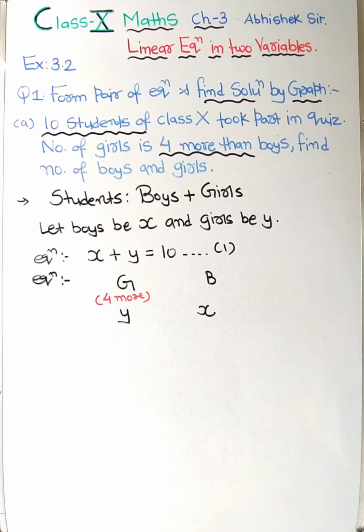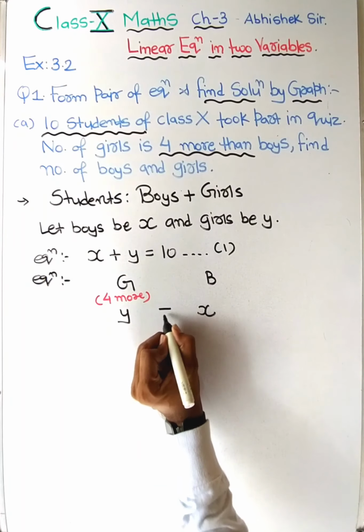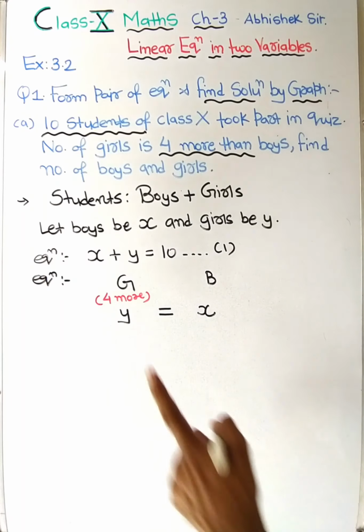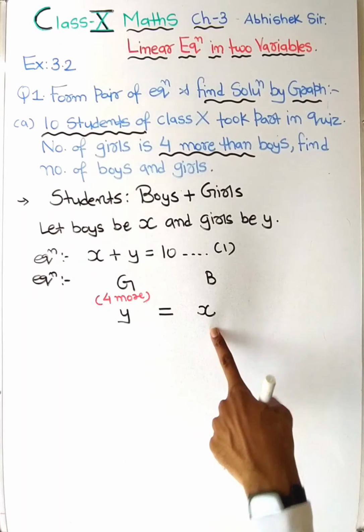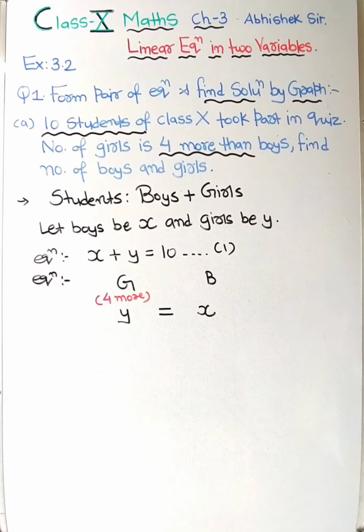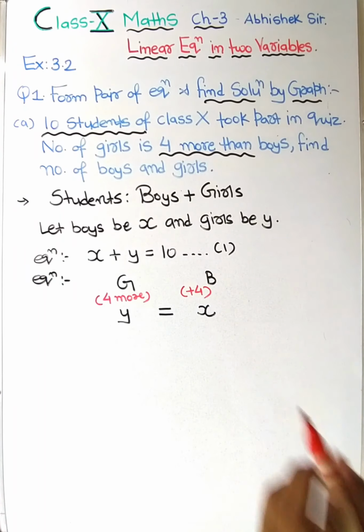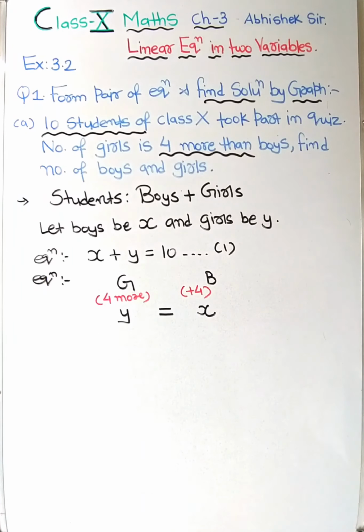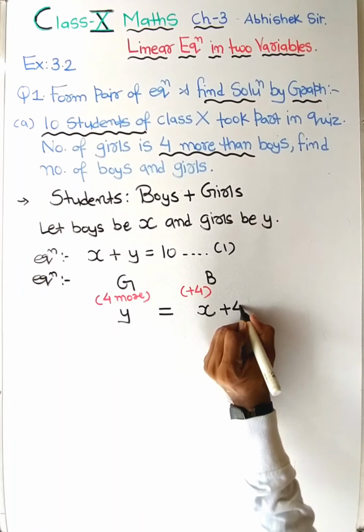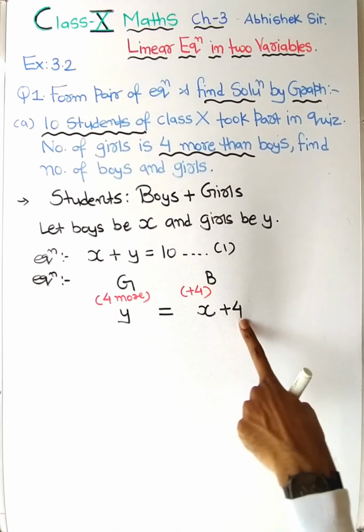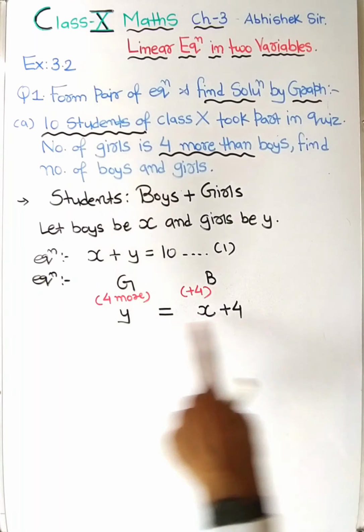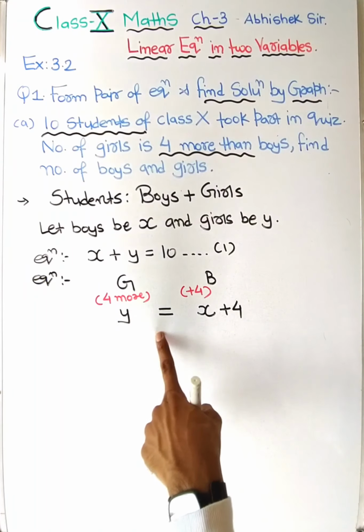To make an equation, we first need an equal to sign. To make both sides equal, we have to add 4 towards the boys side, then and only then will it become equal. So X plus 4, if you add 4 to the boys, now they are both equal. So this is our equation.